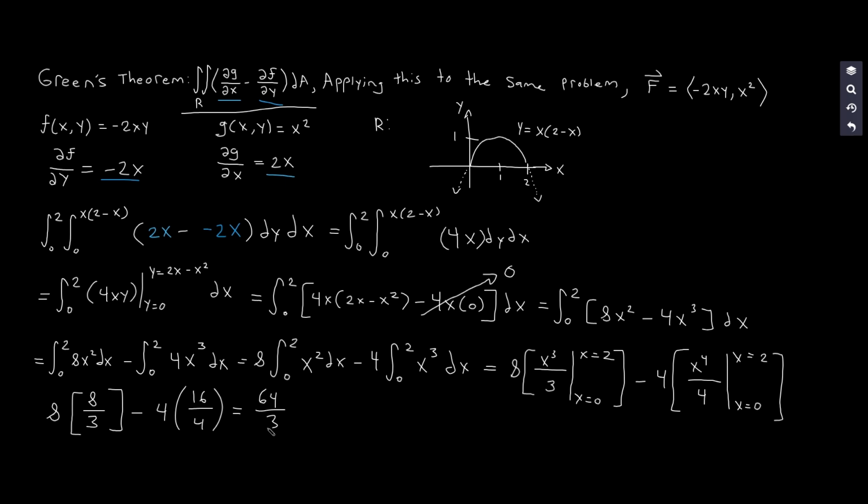64 over 3 minus 4 times 4 equals 64 over 3 minus 16. Well, the 16 needs to be multiplied by 3.